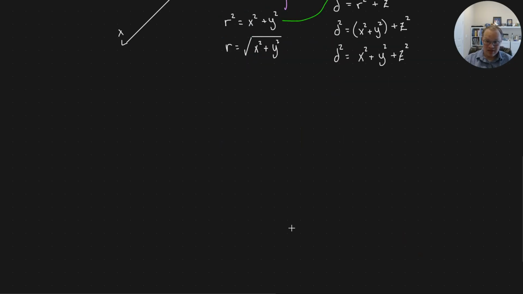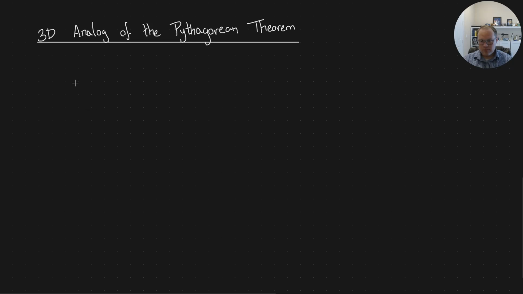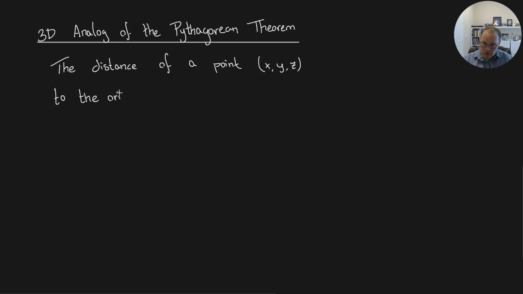It really is that easy. 3D analog of the Pythagorean theorem: the distance of a point x, y, z to the origin is given by d equals square root of x squared plus y squared plus z squared.